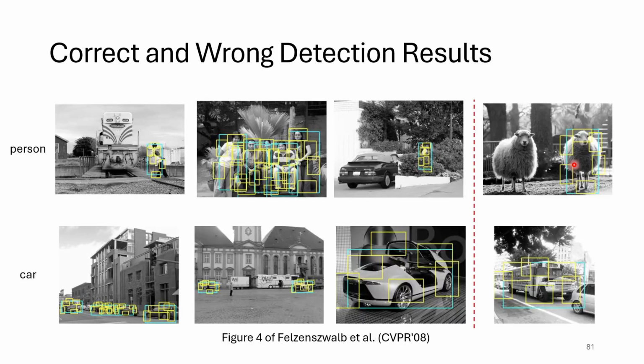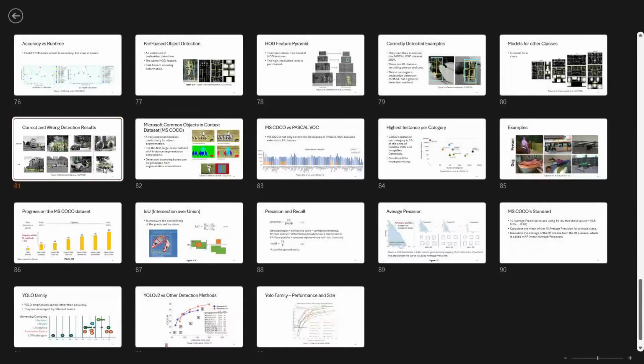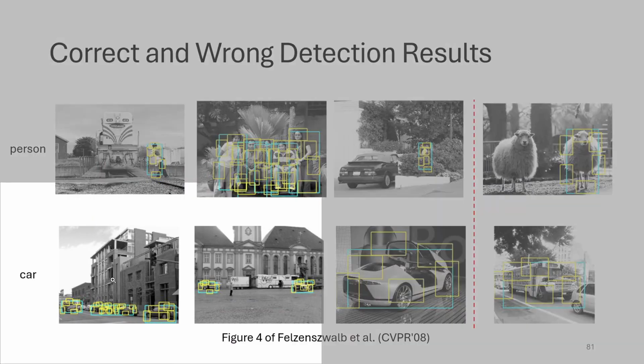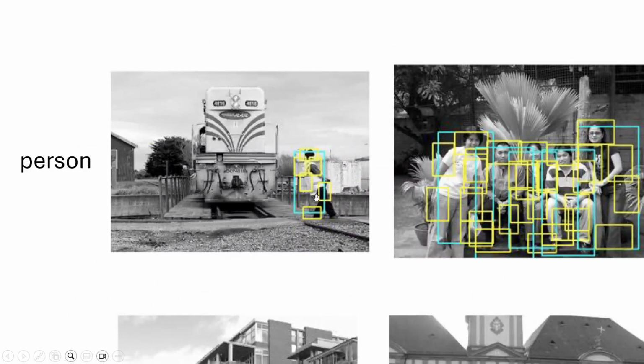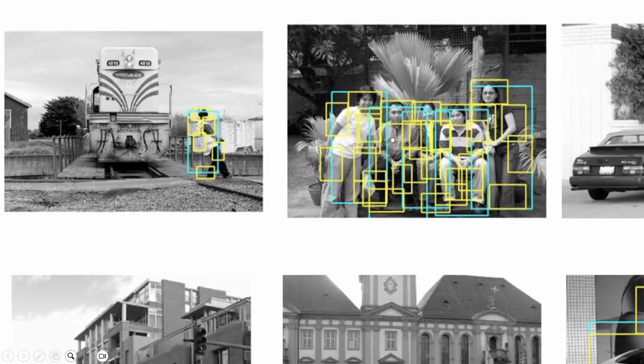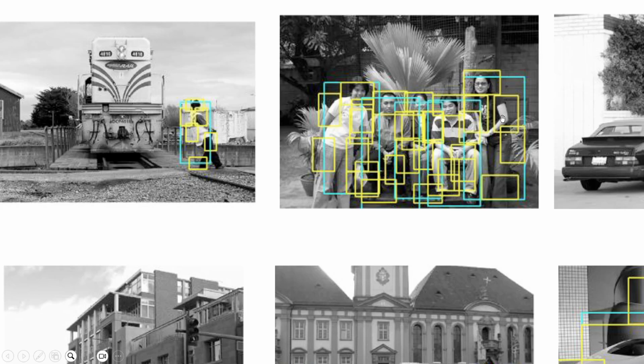But let's see some interesting results. The pedestrian, yes. Again, the pedestrian here is not upright and frontal, because you can see his body is clearly sloped. And for this, some people are standing and some people are sitting.